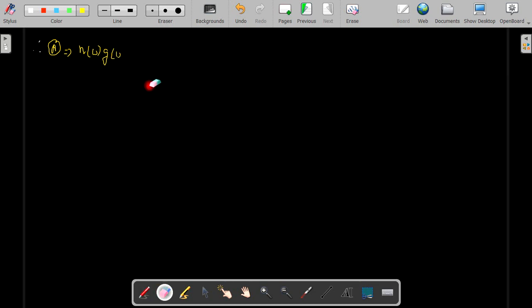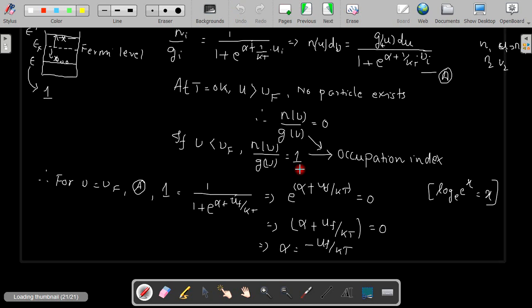Our A was Nu equal to Gu du at the top, and at the bottom 1 plus e to the power alpha plus u by kT, but alpha we have just found out is minus uf by kT.